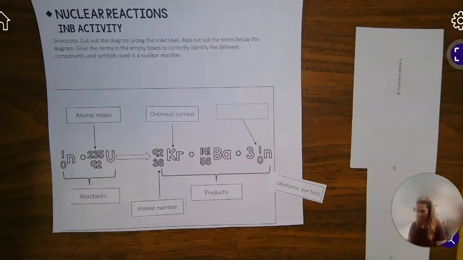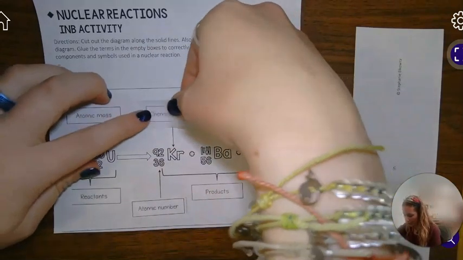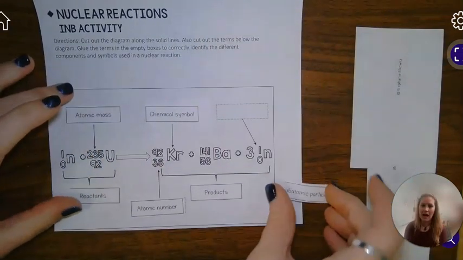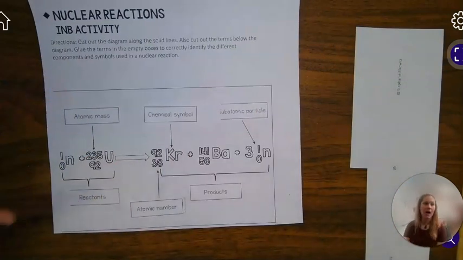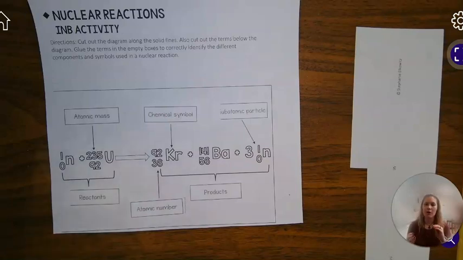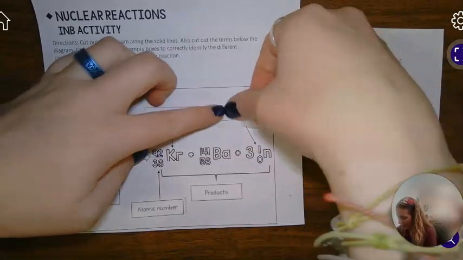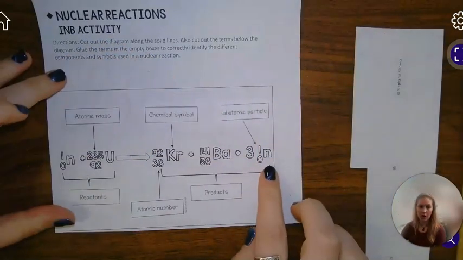So I've got my chemical symbol. And then finally, we have our subatomic particle. If you'll recall, your subatomic particles are your protons and neutrons. So I'm going to tape this one down. In this case, we have our neutron.